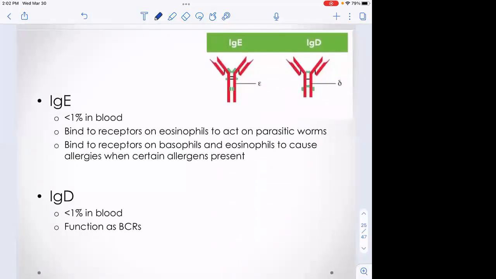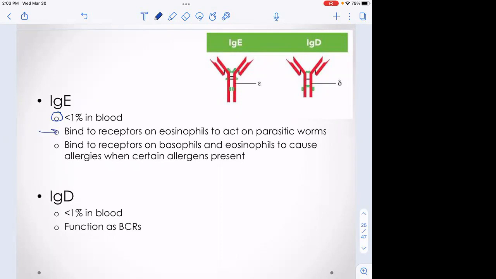And then I put IgE and IgD on the same slide because they're not really very common and it's not really understood very well what they do. IgE, less than 1% of the total antibody in the blood. So, like I said, we don't have very much of it. We do know that it has some role in fighting parasitic worms.